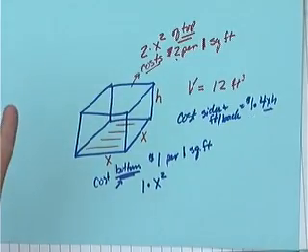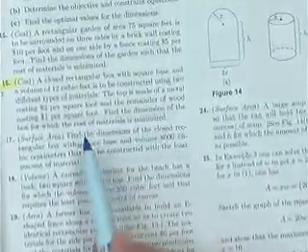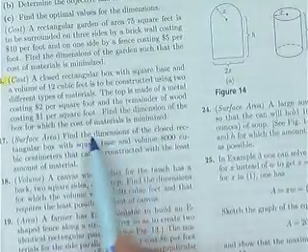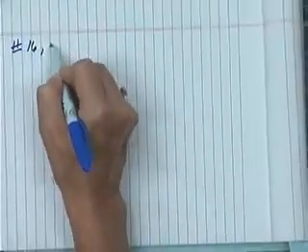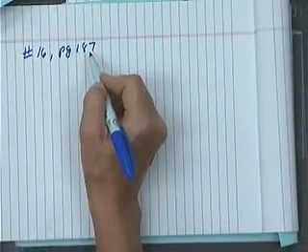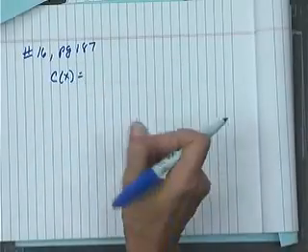We're ready to set up our equation, because what are we going to minimize? The cost of materials to make my box. So let's write our function for cost. This is number 16 on page 187. We have to come up with our cost function.